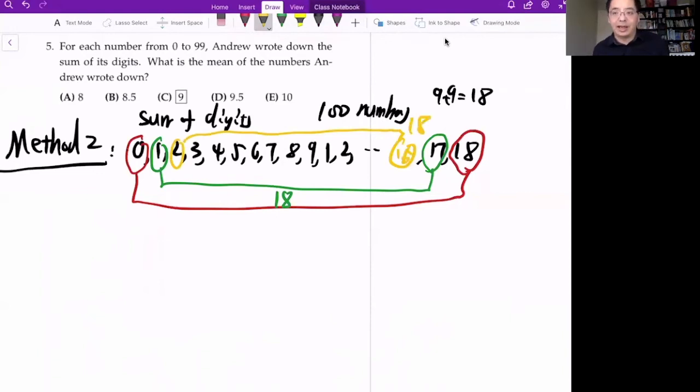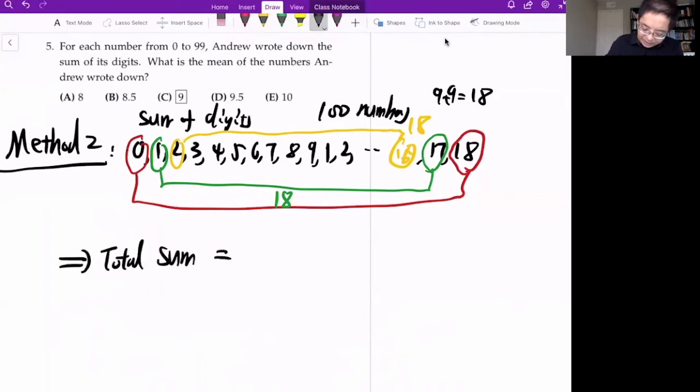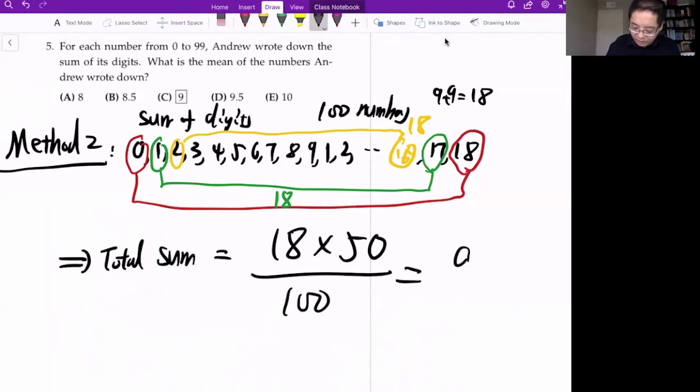So we basically get pairs of 18s, right? So the total sum is 18 times how many pairs we have, 50, and then divided by 100, which is 9, right?